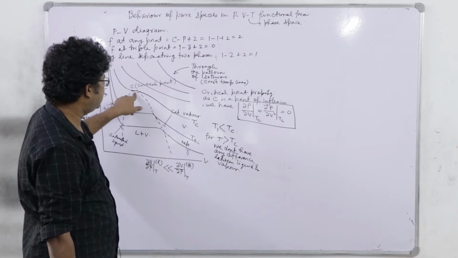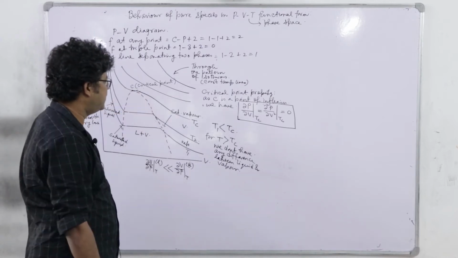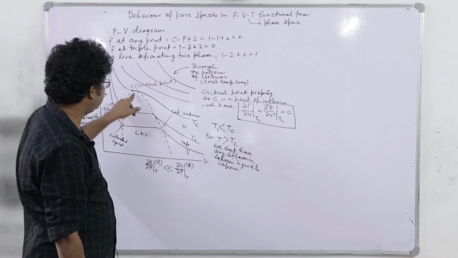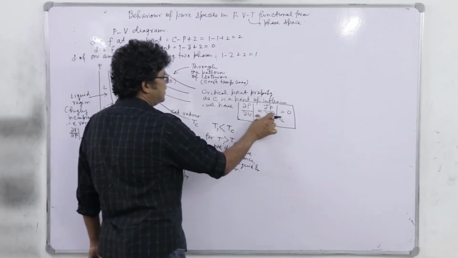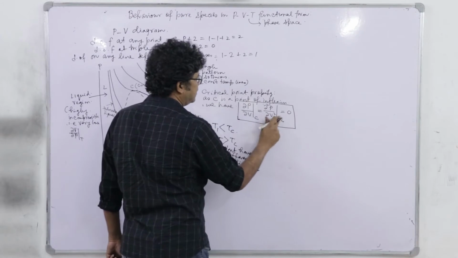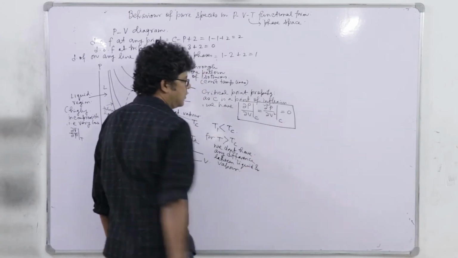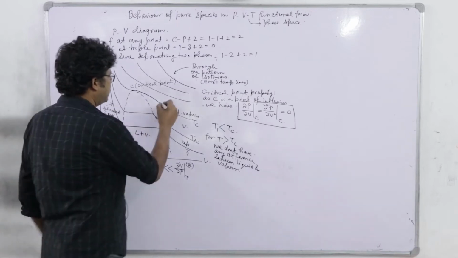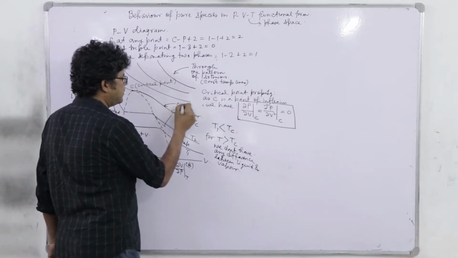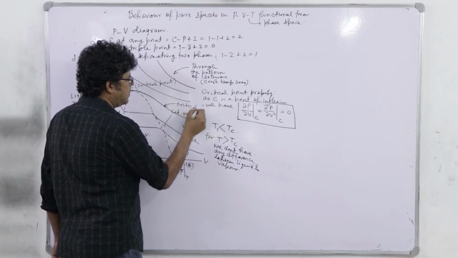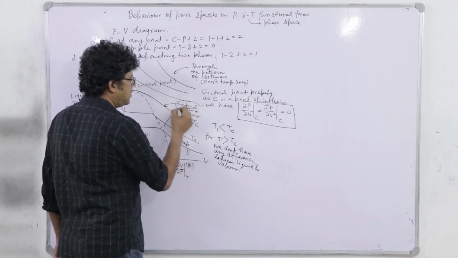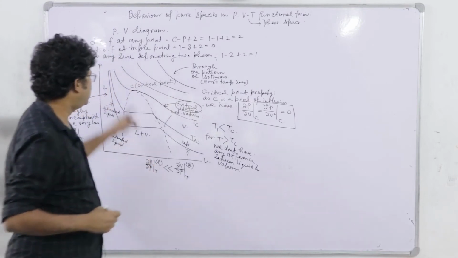At this critical point, this del P del V and del square P del V square, rather let us write at critical point C, will be equal to 0, and this is called the critical isotherm.